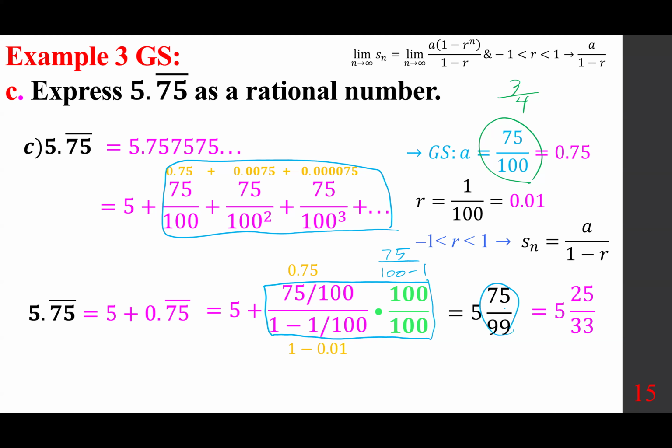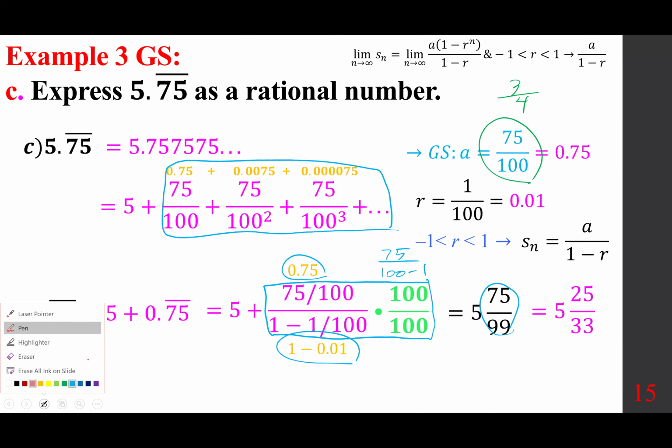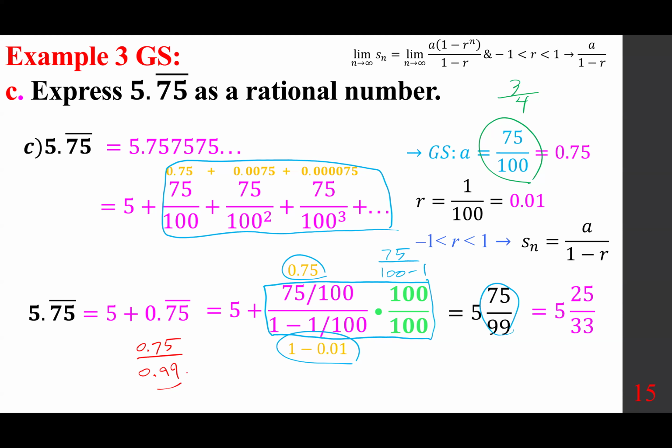If you were to use the decimals, you would use 0.75 over 1 minus 0.01, 0.99, and this is the same as this one. I hope you see that, okay?